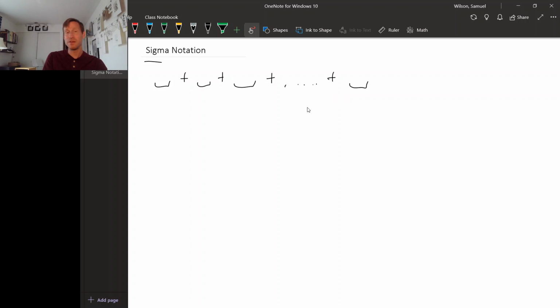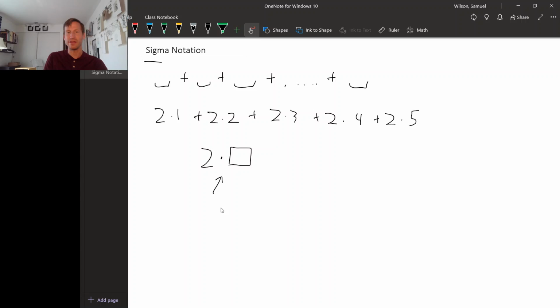So here's a big sum that follows a pattern. 2 times 1 plus 2 times 2 plus 2 times 3 plus 2 times 4 plus 2 times 5. You can see that the pattern this follows is that each term in this sum is 2 times some number.